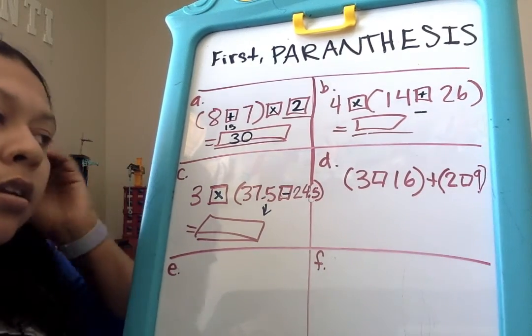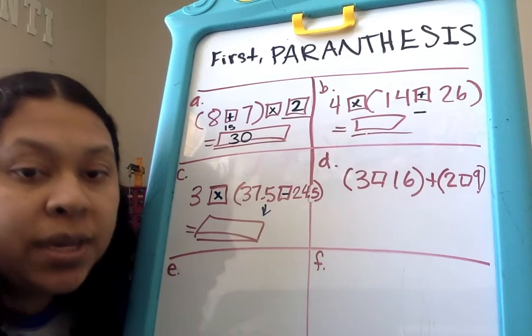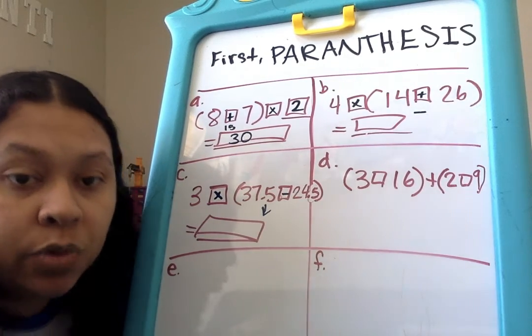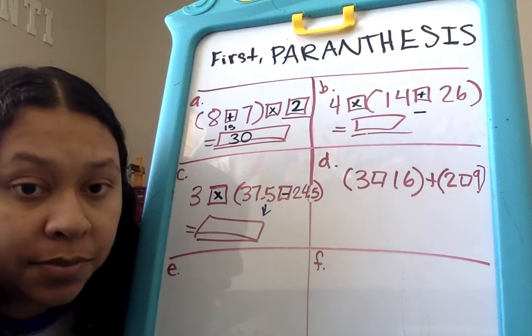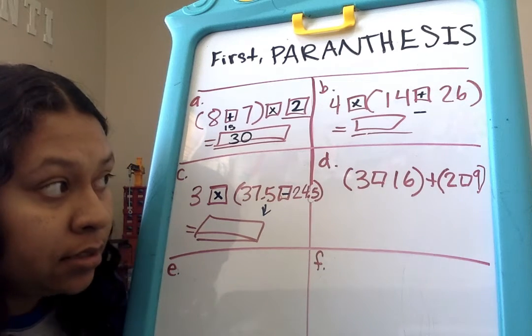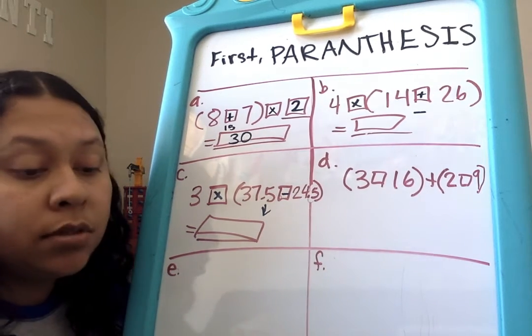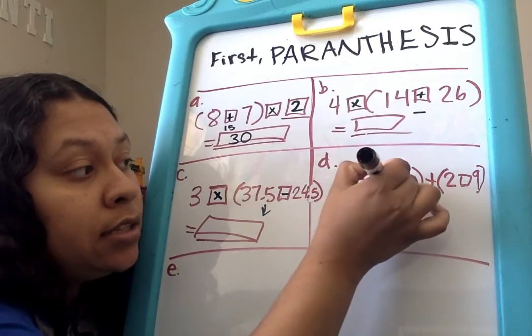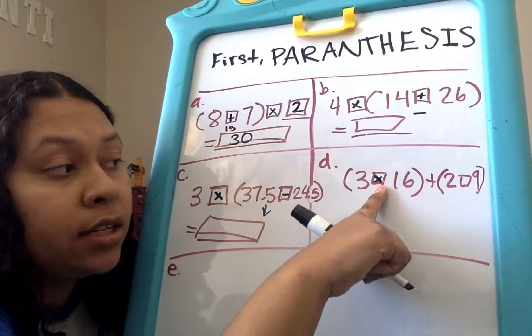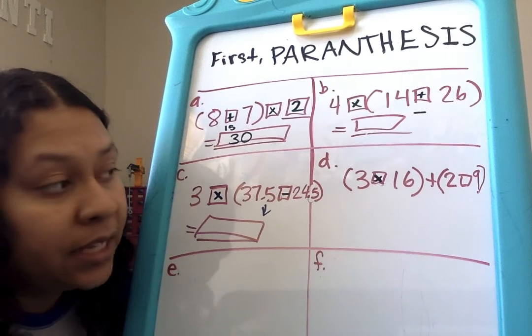Okay. So if we have 3 16s, we have 16 3 times. So that means that we would also need to multiply it. So this symbol right here needs to be a multiplication symbol.